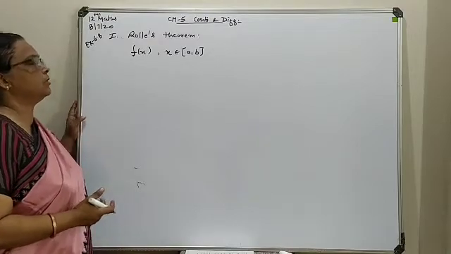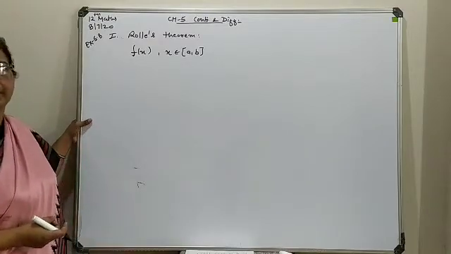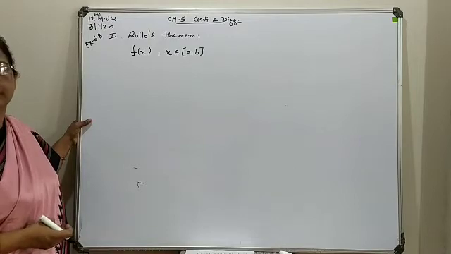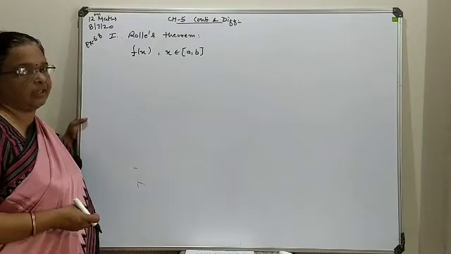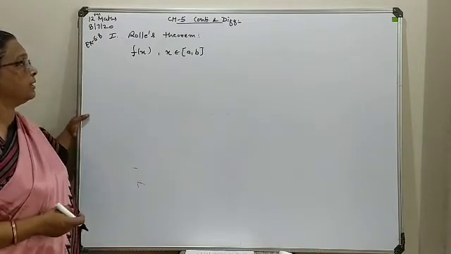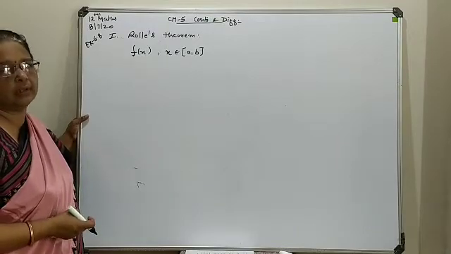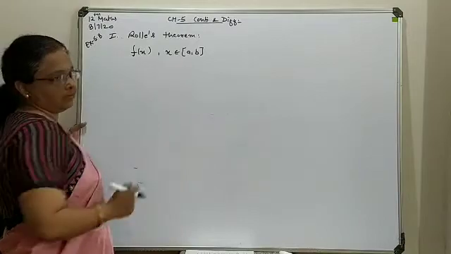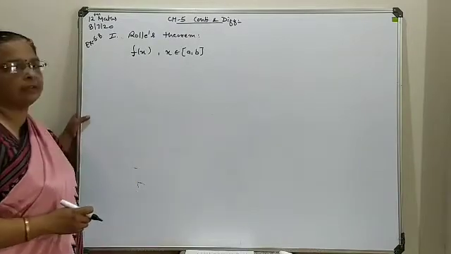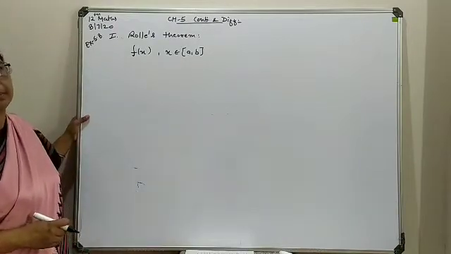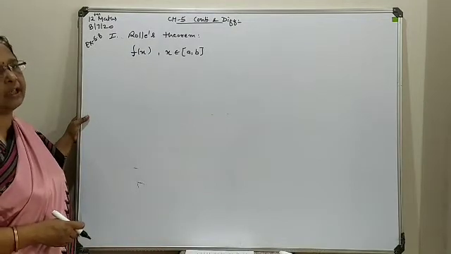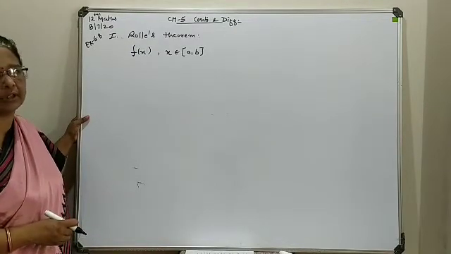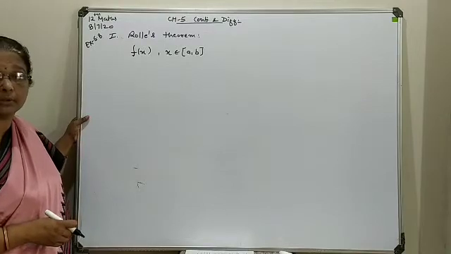If your function is in polynomial, logarithm, trigonometrical, or exponential form, then all these functions are considered continuous on the closed interval, as well as differentiable on the open interval. This is the first step you have to check to verify Rolle's theorem.